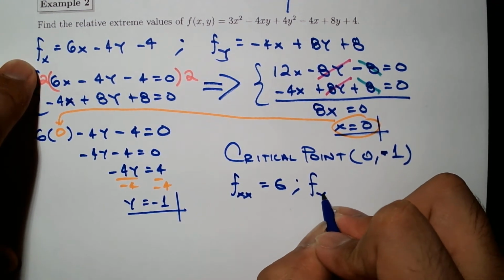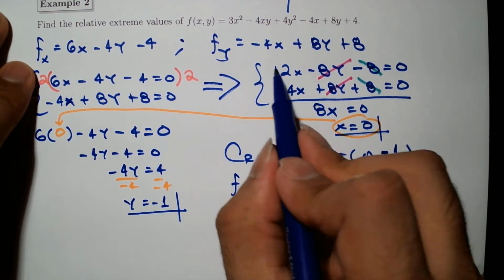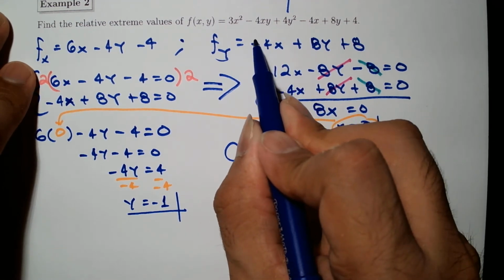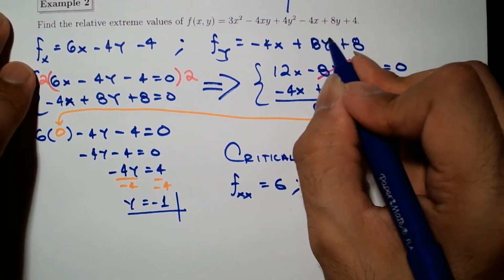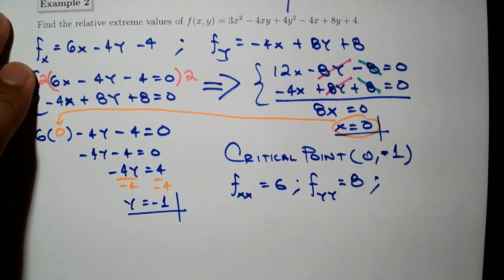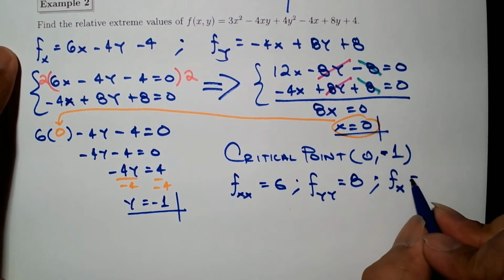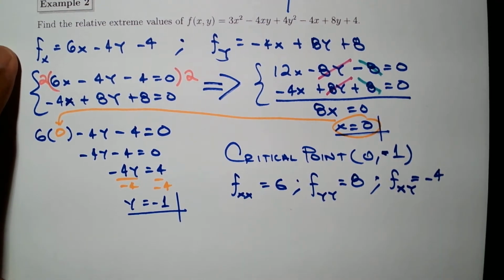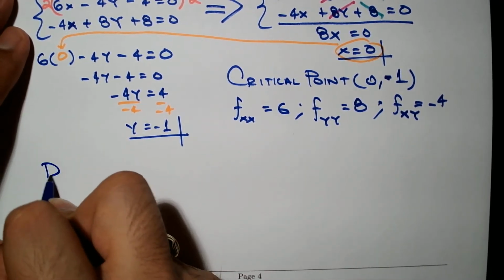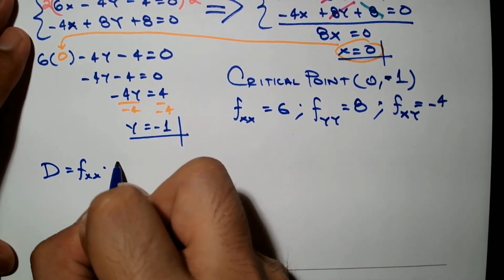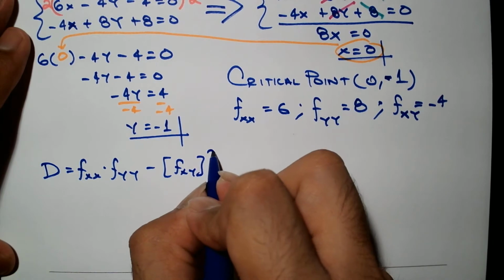The second partial derivative with respect to y: the first and third terms are 0, but the derivative of the middle term will be 8. The mixed partial, fxy, will be negative 4. So we are going to look at the D quantity, which is fxx times fyy minus fxy quantity squared.